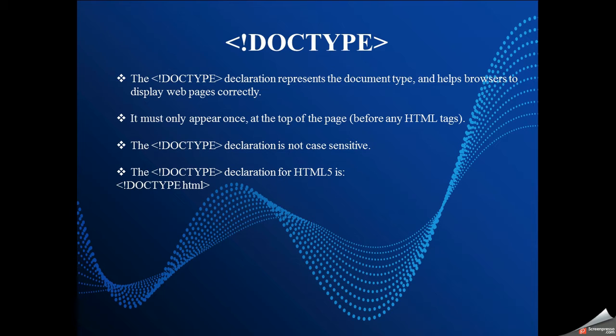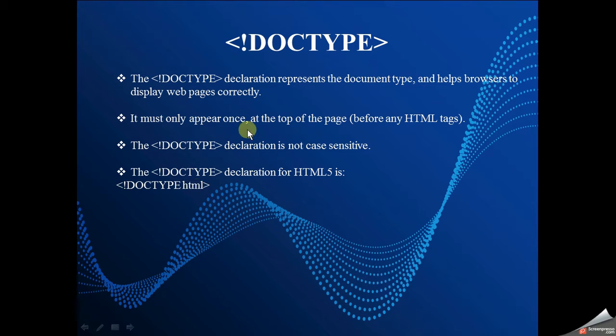It simply tells us that this is the scripting language I am going to use. The syntax that is shown over here is doc type HTML. That means this page contains all HTML type documents, and in this way the browser will run accordingly.